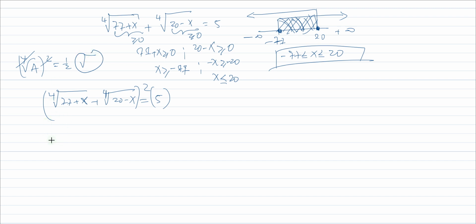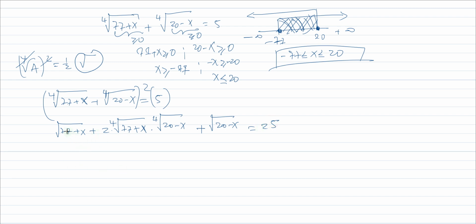So this is going to be the square root of 77 plus x, plus 2 times the fourth root of 77 plus x, which multiplies the fourth root of 20 minus x, plus the square root of 20 minus x, and this is equal to 25.